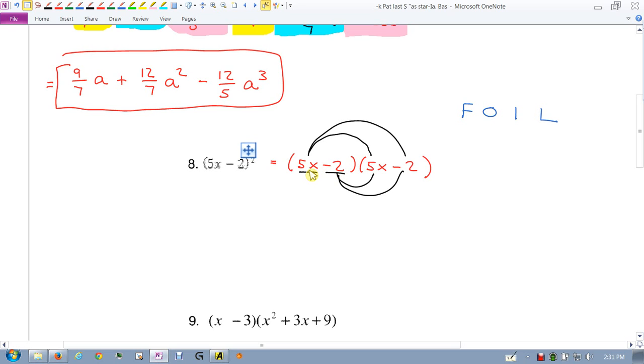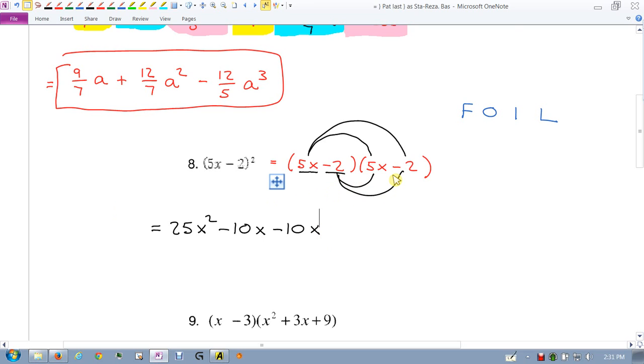What's 5x times 5x? So now we are actually multiplying, right? So you do 5 times 5, x times x. So 25x squared. And then the next one, 5x times negative 2. So minus 10x, it becomes negative because a positive and negative multiply to be negative. The inside one here, negative 10x again.